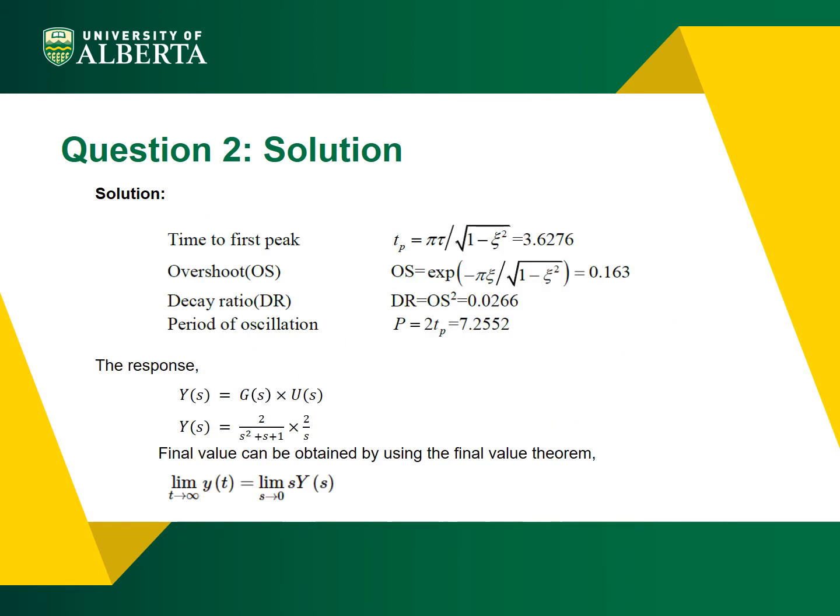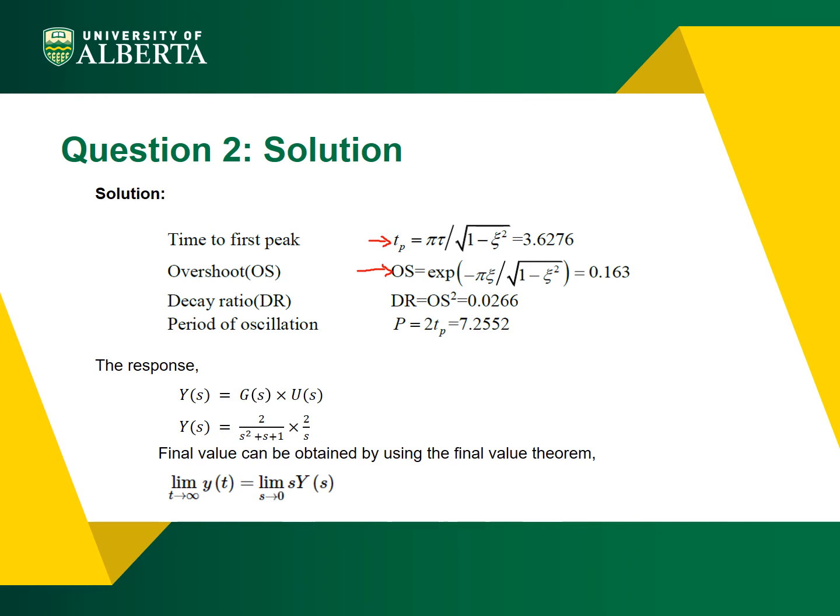And then for computing the decay ratio, what we have to do is just plug it into the formula. The formula can be found in your course material. First we compute the time period with the formula given here, and we have all the values of tau and zeta. We just plug them in, and we get TP, which is the time to first peak. Then the overshoot can be computed by the formula given here.